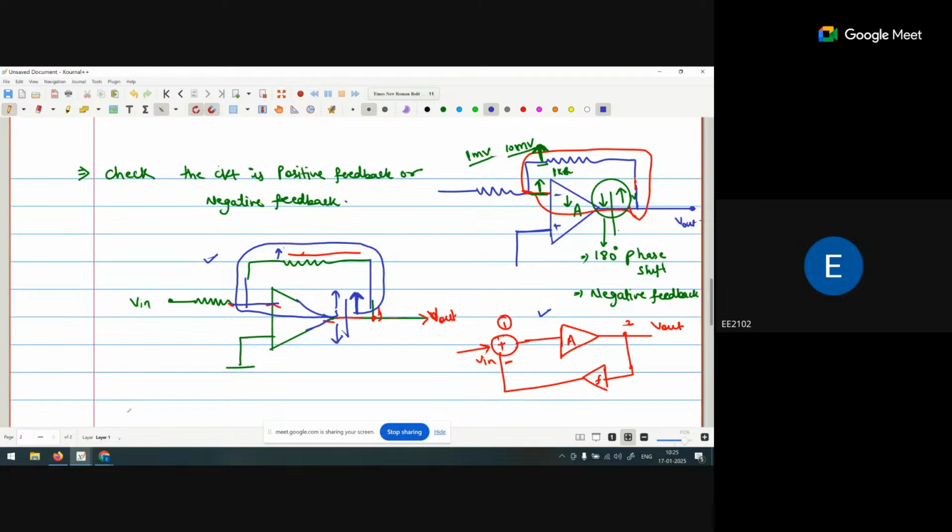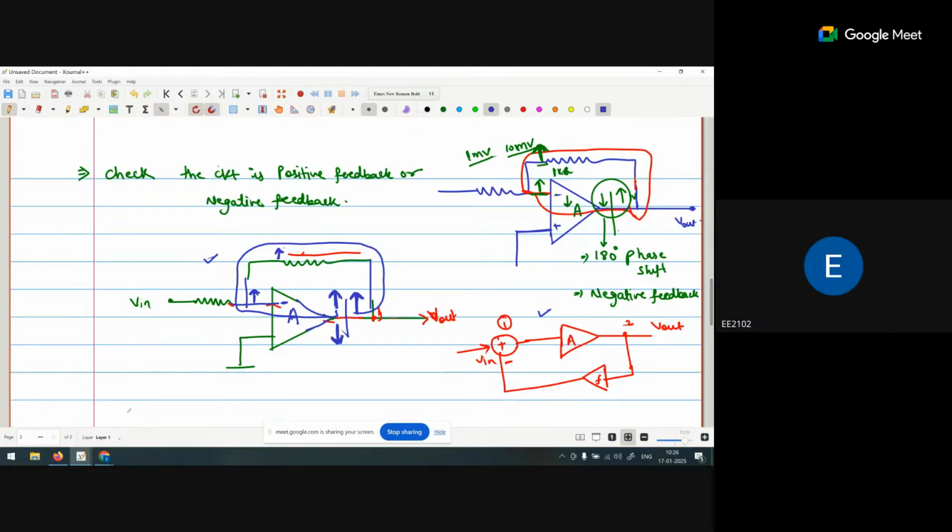Now the signal applied in a positive direction will appear in a positive direction. If this positive signal is multiplied directly by A, without the minus sign, the signal will again be in a positive direction. But if this signal is multiplied with the minus sign and with A, it becomes a negative direction.